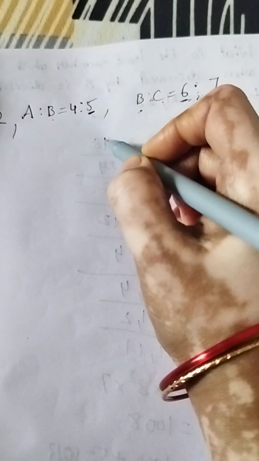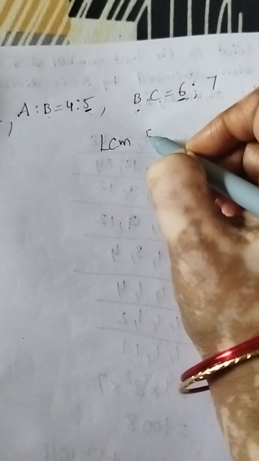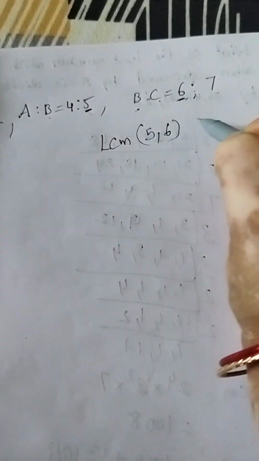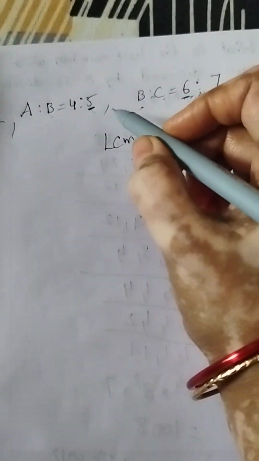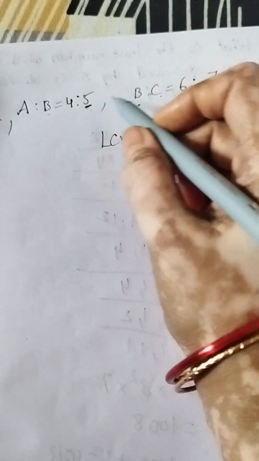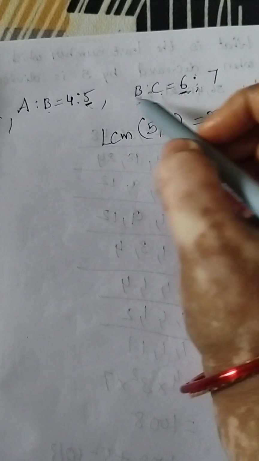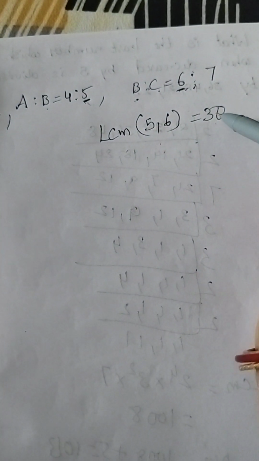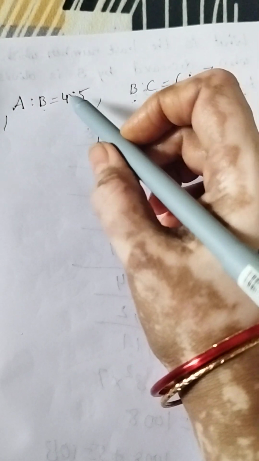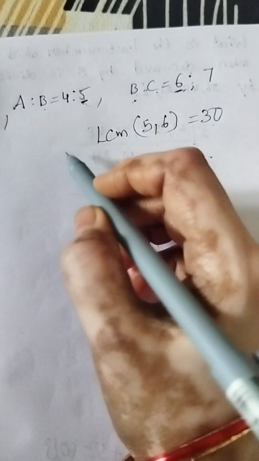So for 5 and 6 you take the LCM, which is 30. So you should multiply this ratio with 6.